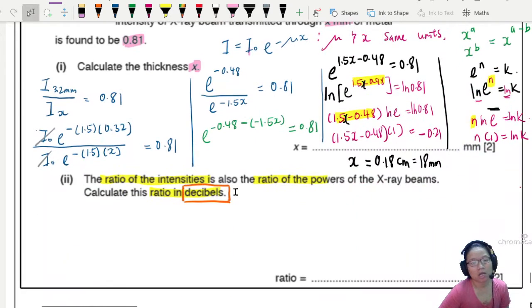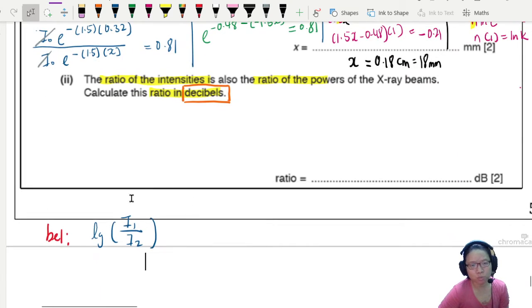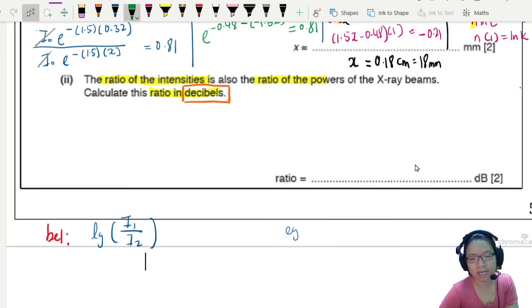Okay, but sometimes we don't directly ratio the intensity. We log scale it. Examples of using the log scale is like pH. So for example, in your chemistry, your pH of your solution, you get pH 8 point something, 5 point something. pH is equal to negative log concentration of hydrogen ions.